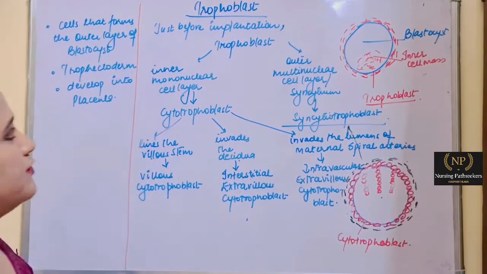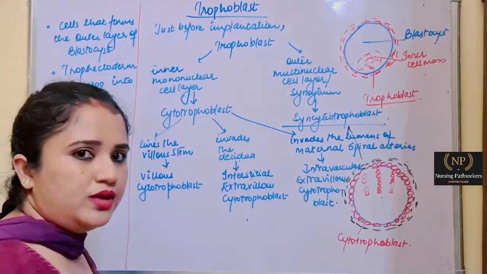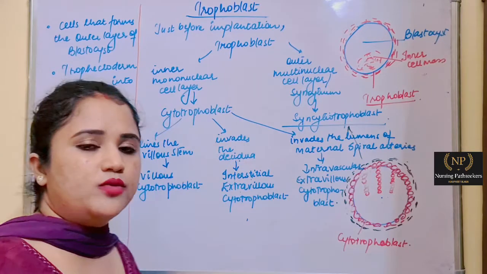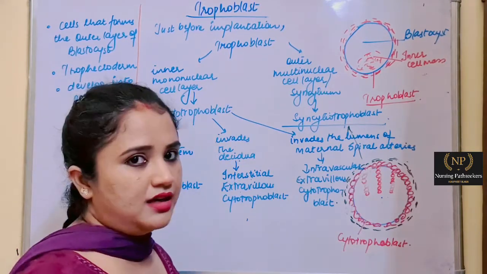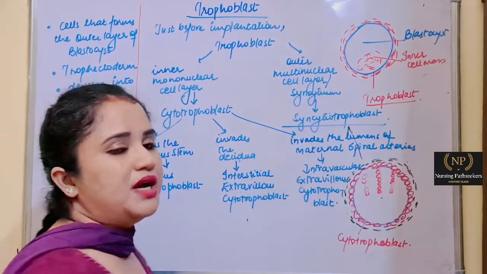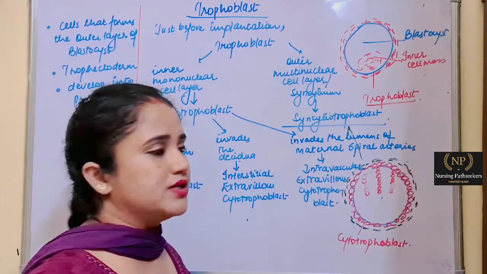Just before implantation, it was divided into two layers, inner and outer. The inner was mononucleated, meaning having a single nucleus, and the outer one was multinucleated, meaning having multiple nuclei.